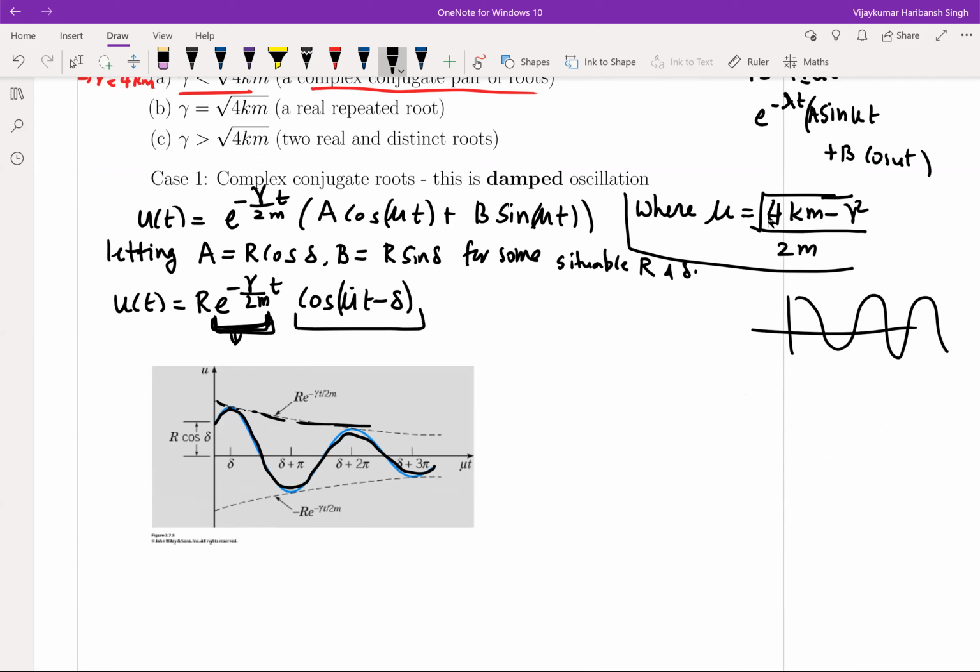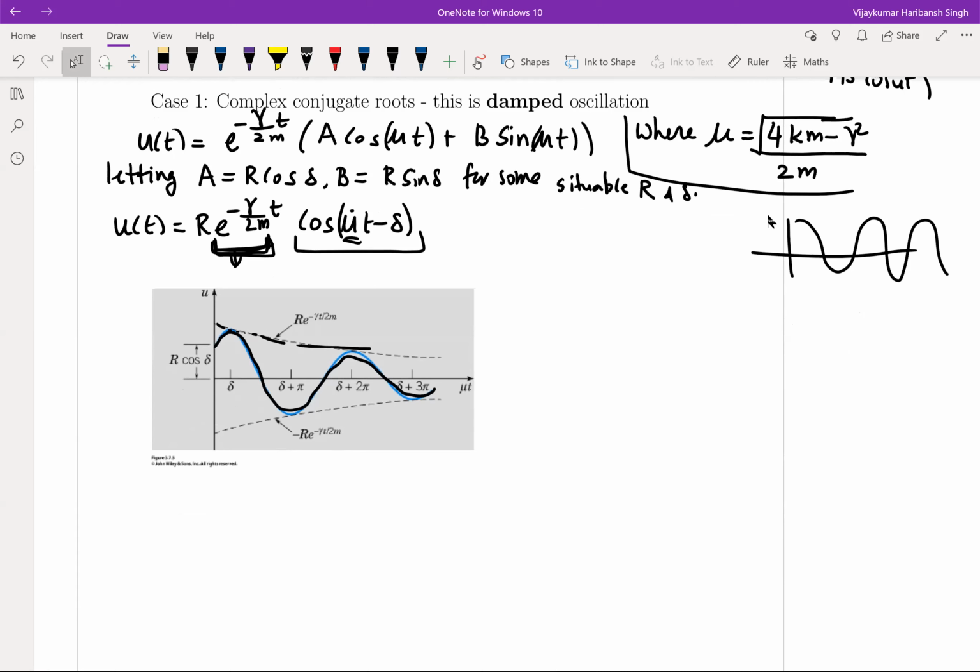Zero. Now note, in this case we can't call mu a frequency because it's not following mu as the period. So we'll call mu the quasi-frequency.